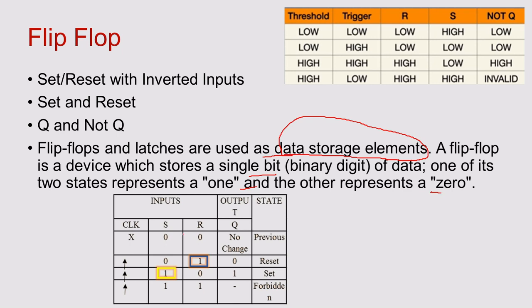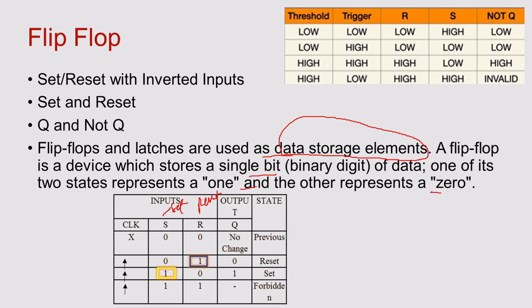Here we are using the SR flip-flop. S means set, R means reset. Understand? We have many flip-flops, but here we are using the SR flip-flop. If set is 1, your output is 1. Please remember, very important: if reset is 1, your output is 0.